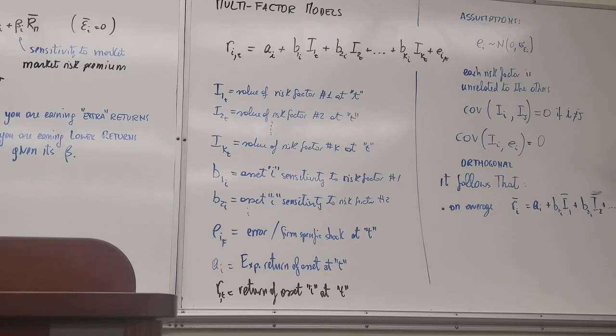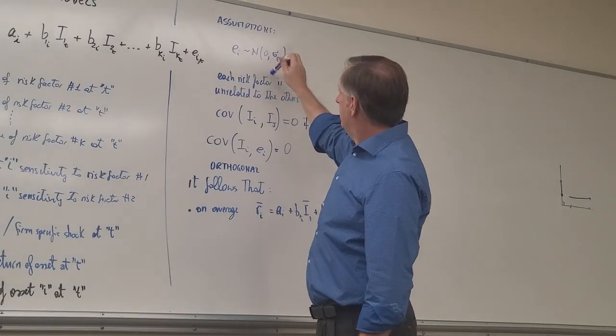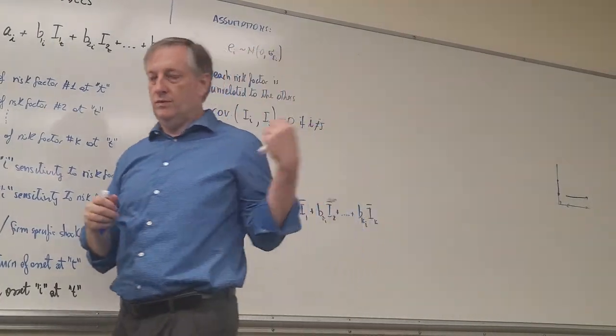What is missing from that list? The error term. Why is it not there? Well, because what is the average of the error? The average is 0.